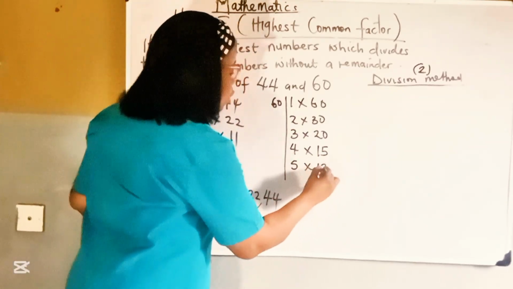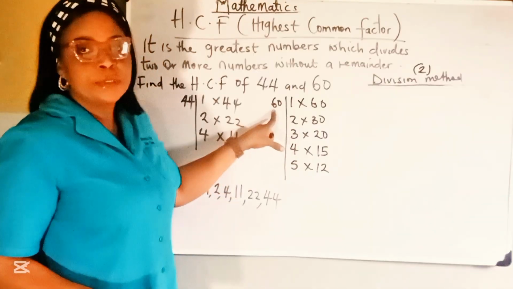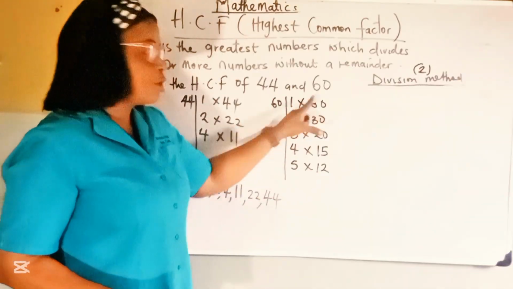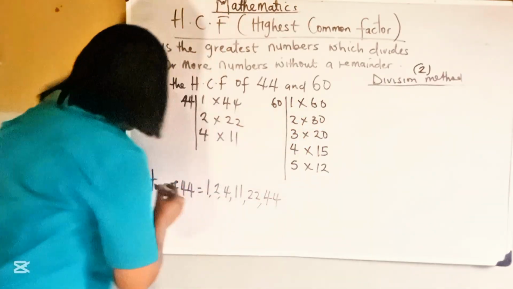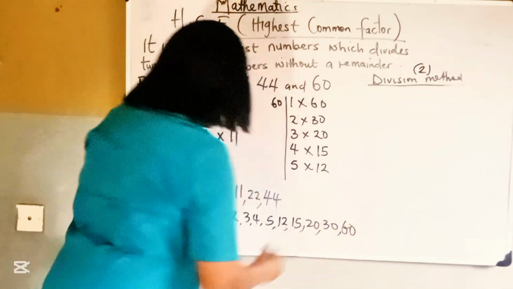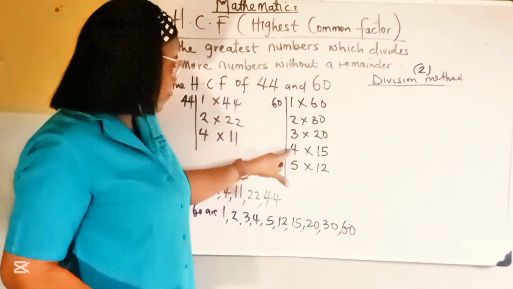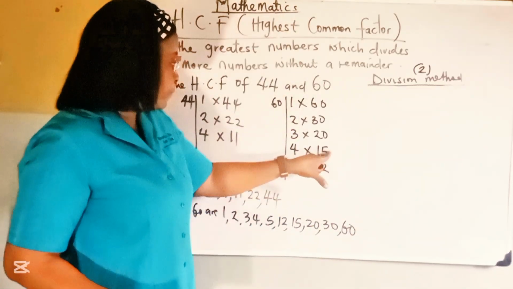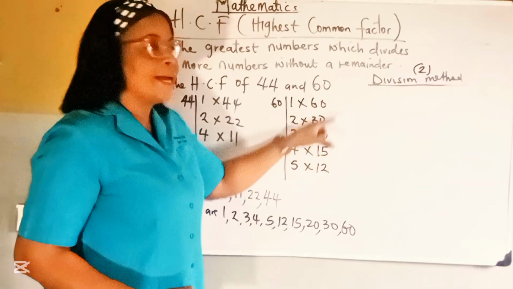And 5 times 12 gives you the number 60. These are the factors of 60: 1, 2, 3, 4, 5, 6, 10, 12, 15, 20, 30, and 60.